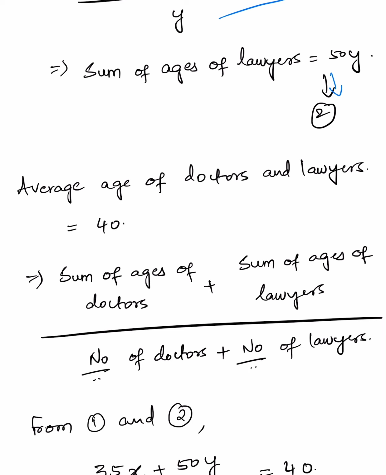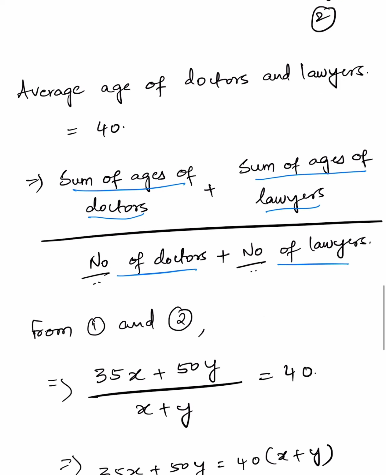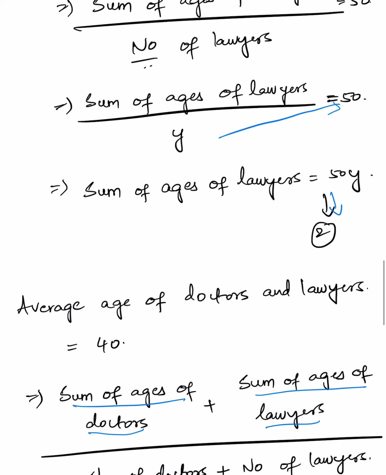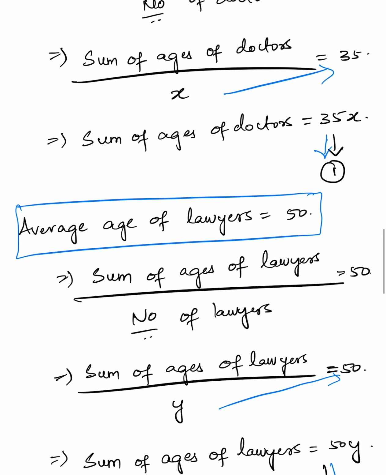Average age of doctors and lawyers is 40. It is also given in the question. So, average age of doctors and lawyers means sum of ages of doctors plus sum of ages of lawyers by number of doctors plus number of lawyers. Therefore, sum of ages of doctors from equation 1 is 35x.